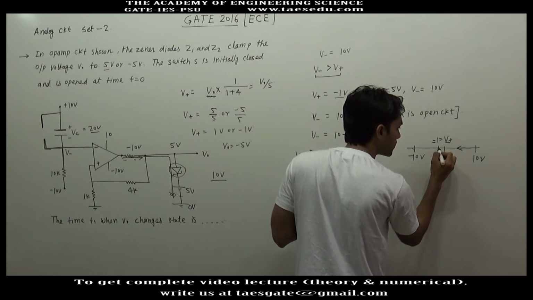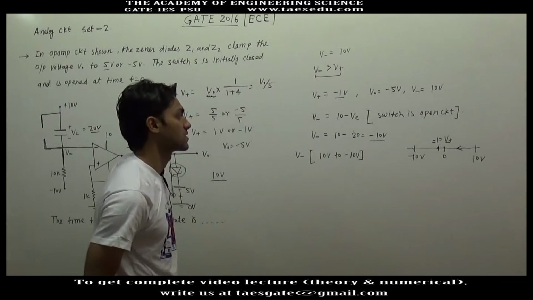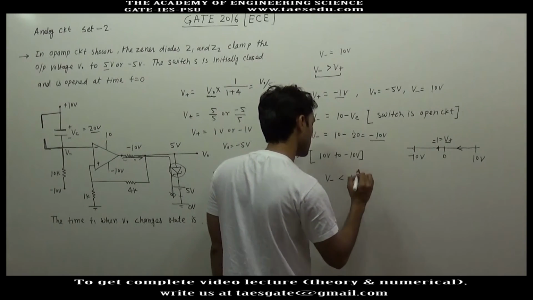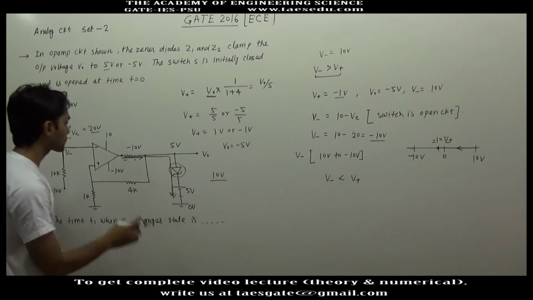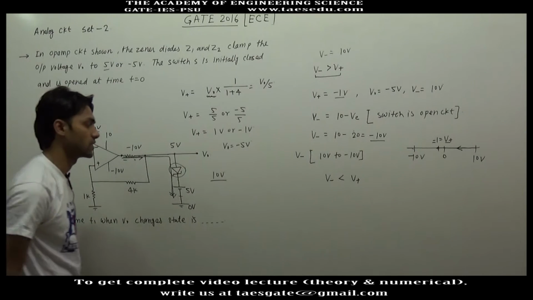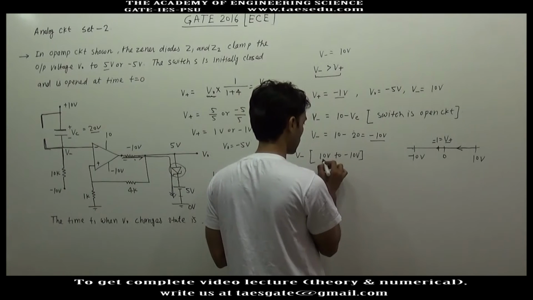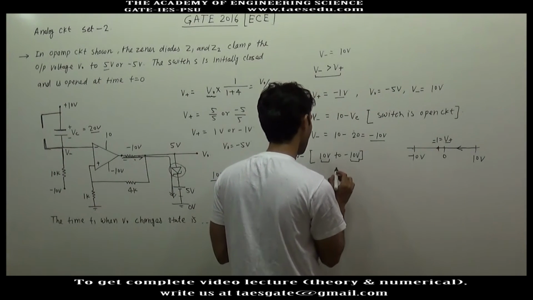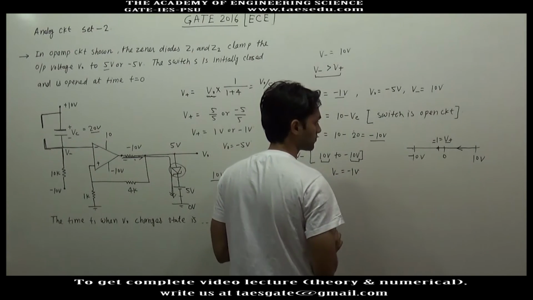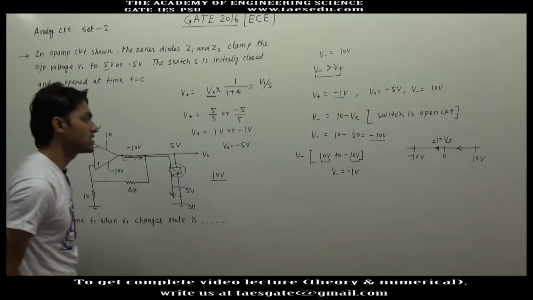At this point V minus will become less than V plus, and at that time the op amp will switch its output voltage. When V minus crosses minus 1 volt, the op amp will switch its voltage.